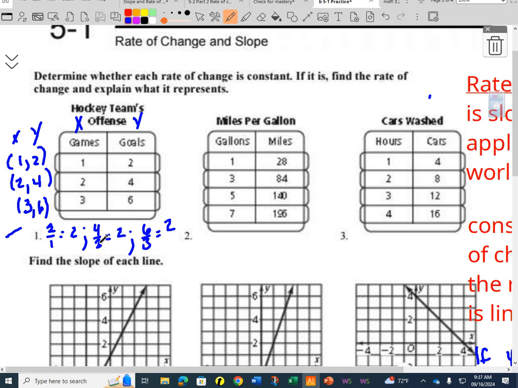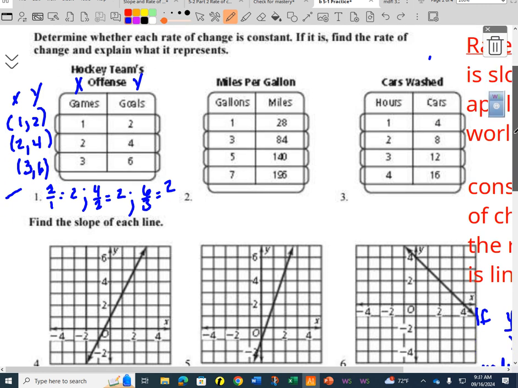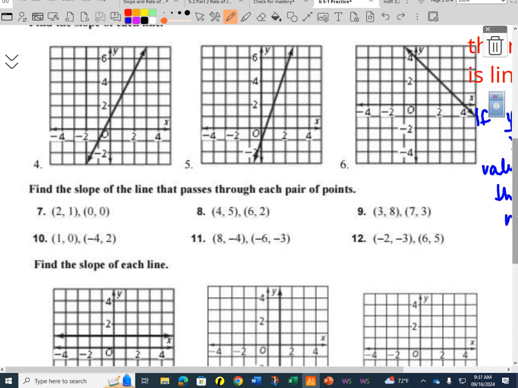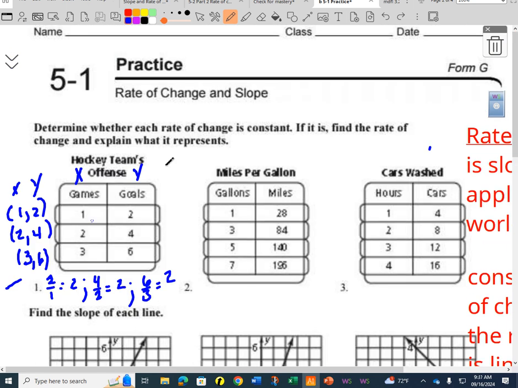All of them, when you take their y and divide by their x, you have the same number. That number is constant. So I don't have room to write what that means here. Looking at that table, what does that 2 represent? Anybody have an idea?